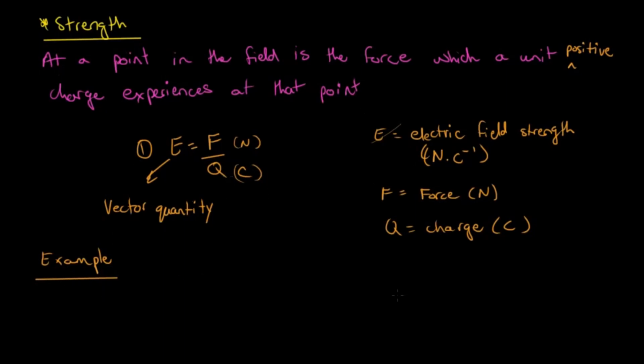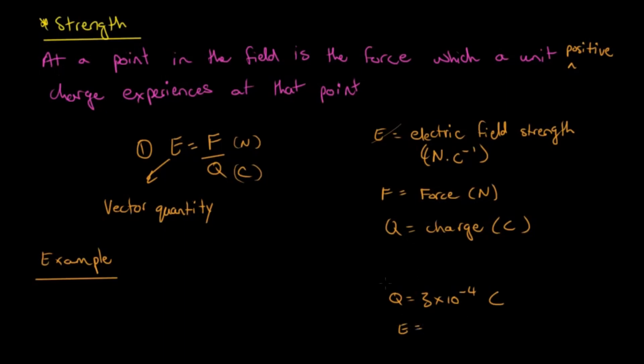So if they tell me in my example that there's a charge that exists and it is equal to, let's see, 3 times 10 to the minus 4 coulombs. It's at a point in a field where the magnitude of the field strength, so they give me N.